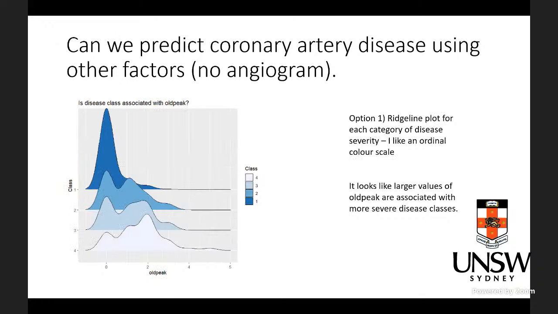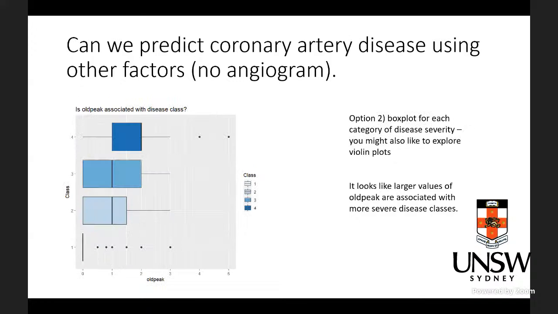I think this is an extension for ggplot called ggridges, I think. Or if you Google ridgeline plot for ggplot, but it's an alternative to box plots. So I'm now going to show you the box plot version of that ridgeline plot.